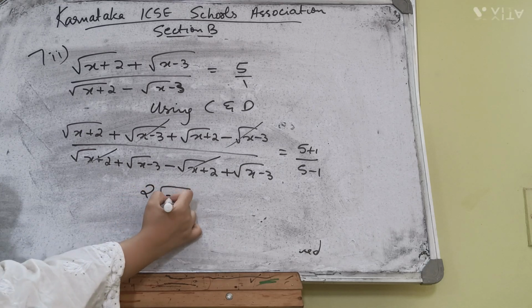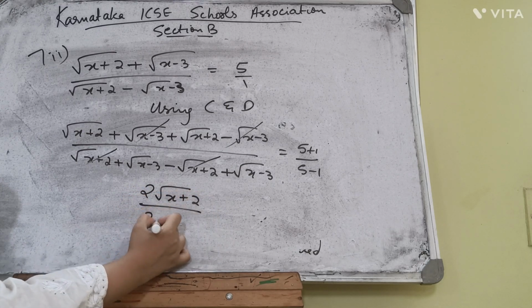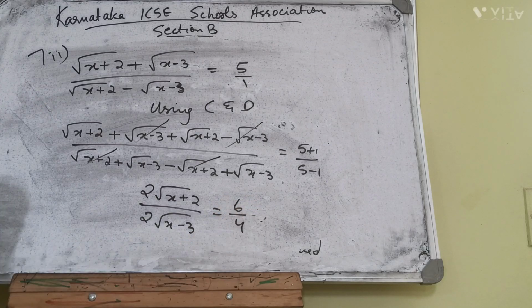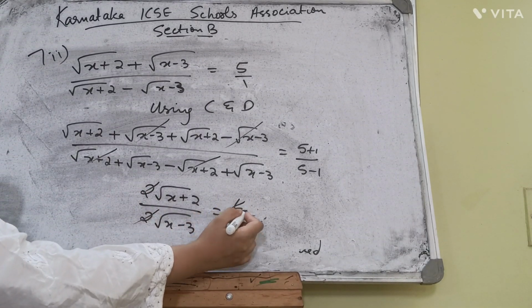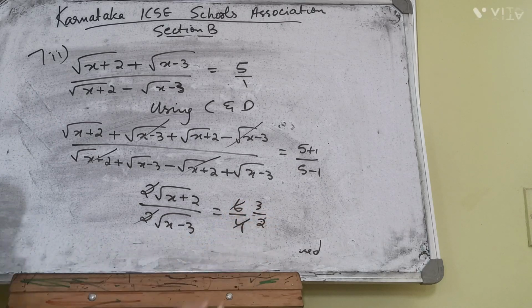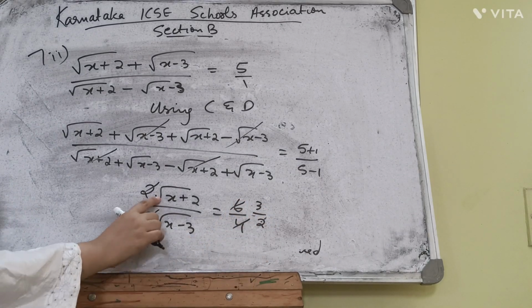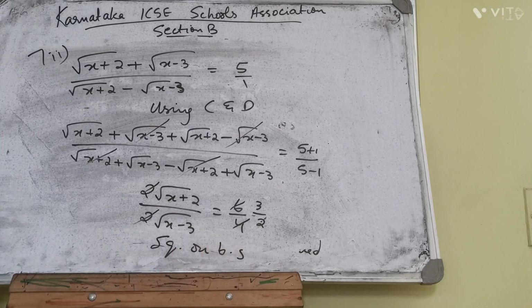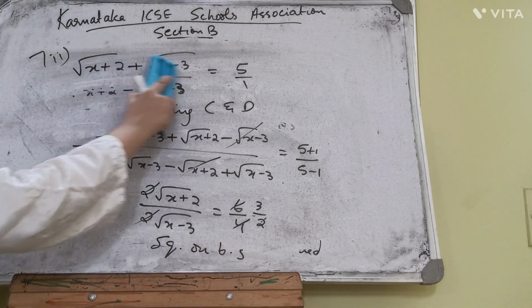On simplifying, we get twice of x plus 2 divided by twice of x minus 3, which is equal to 6 by 4. Cancel these 2's and reduce this fraction. You will get 3 by 2. Now to remove these roots, we need to square on both the sides.